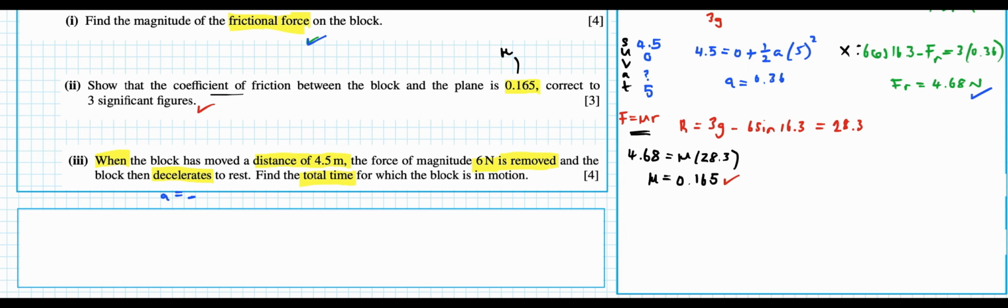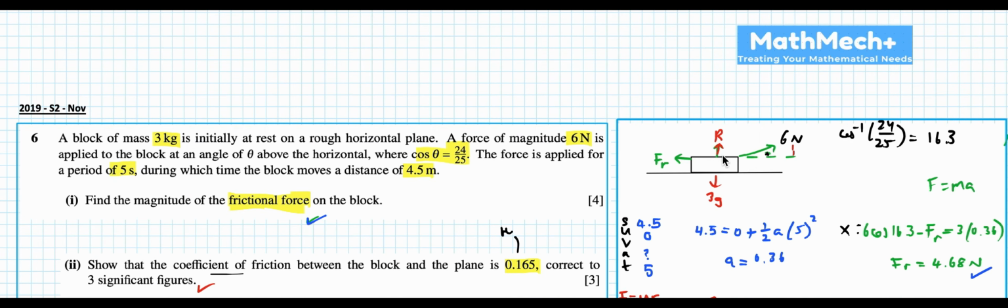Okay, let's put in S is 4.5. Initially, of course, U is equal to 0, as we've had already. If you look to the right-hand side, we have 4.5 for displacement, U, initial velocity, is 0, acceleration in this case is 0.36, and our time was 5. So the only thing new here was the acceleration, which we got previously.